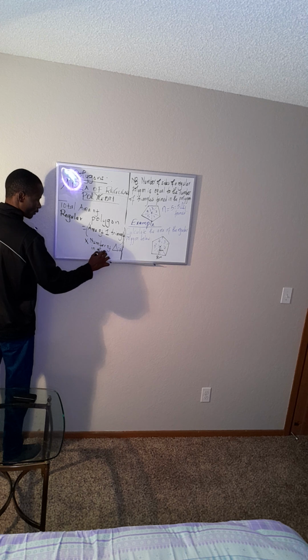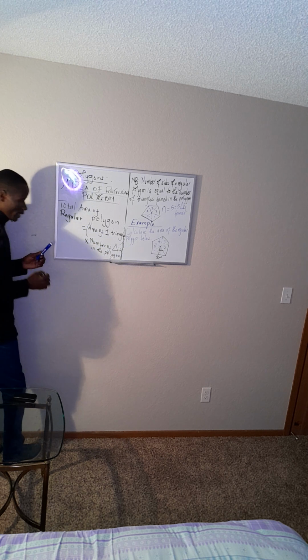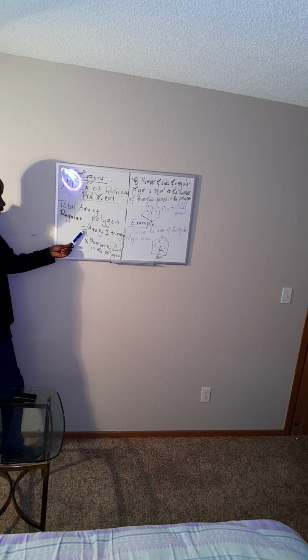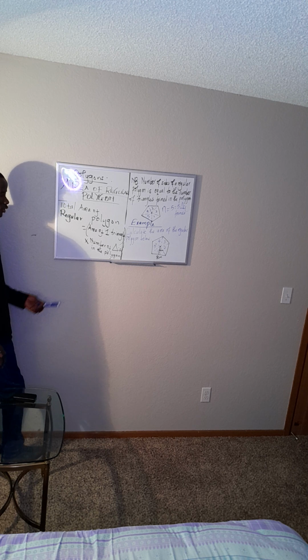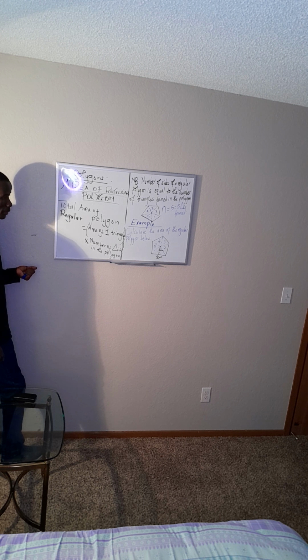So these are very important formulas that we need to know. And I've said this one is only applying for regular polygons. Total area of regular polygon is equal to area of 1 triangle times number of triangles in the polygon. So with this, we go ahead and find the area of that particular polygon.